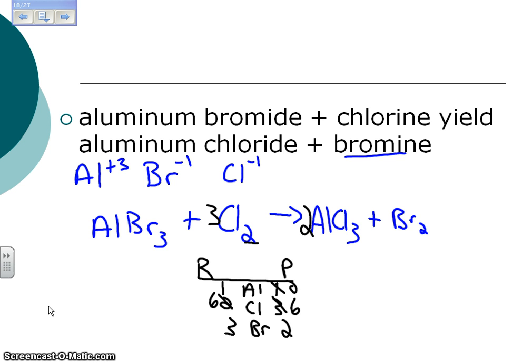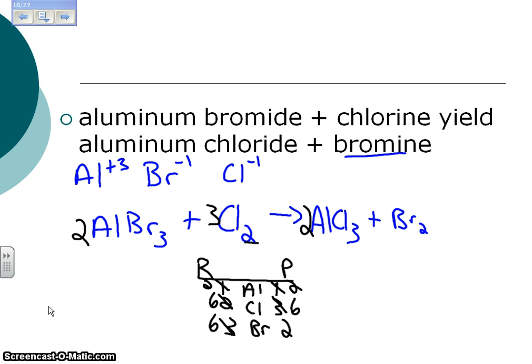But this also gives us 2 aluminums. To balance the aluminums, we need to put a 2 in front of aluminum bromide on the reactant side. This gives me 2 aluminums, but it gives me 6 bromines.